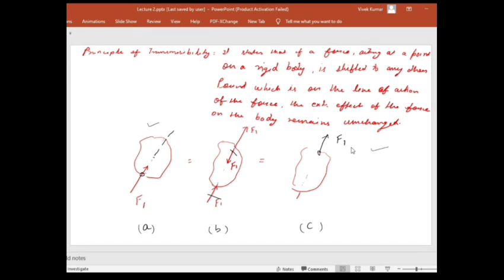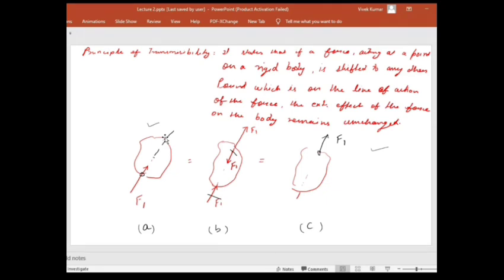So in the third figure, we have only F1 force, and if such a shifting is made, the net effect on the body will remain unchanged. Net effect on the body will be zero by adding this force. If we shift this force to this position, the net effect on the body will remain unchanged.